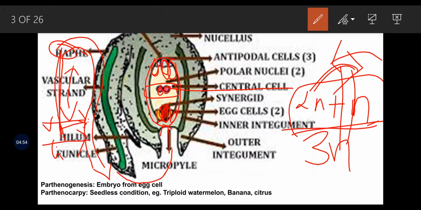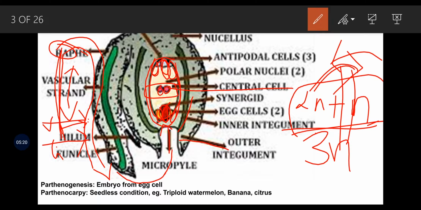So let us see the other parts of the ovule. This is the embryo sac. Immediately after that, the outer covering is the inner integument, then there will be one outer integument. At the micropylar side, the hilum and funicle will be formed.